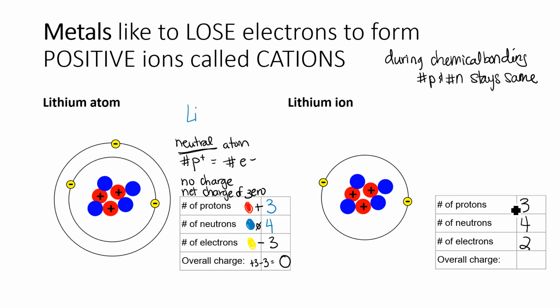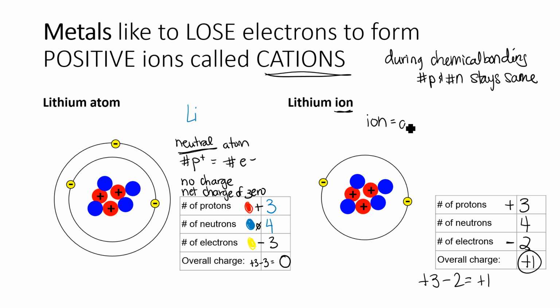If we try to figure out the charge here, we've got 3 positive protons and 2 negative electrons. So the overall charge is 3 positives, 2 negatives. It has a +1 charge overall. So the lithium ion is what we call a cation. It forms a positively charged ion. And a quick vocabulary reminder: what is an ion?